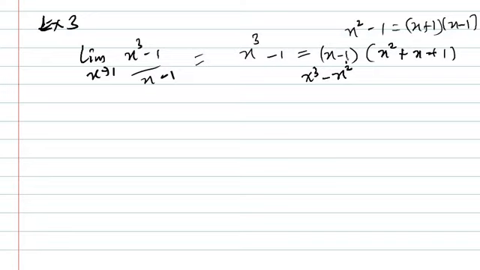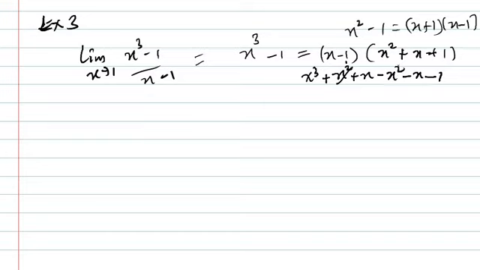And then this one times this is x squared, plus this one times this is positive x, and this one times this is negative x squared, and this one times x is negative x, and minus 1 times positive 1 is negative 1.